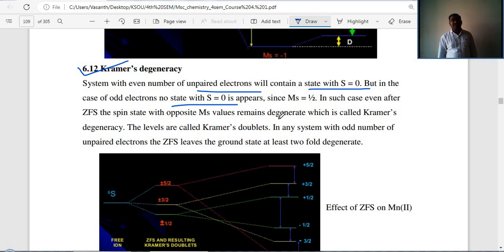In such a case, even after CFS, the spin states with opposite Ms values remain degenerate, which is Kramers degeneracy. The levels are called Kramers doublets.